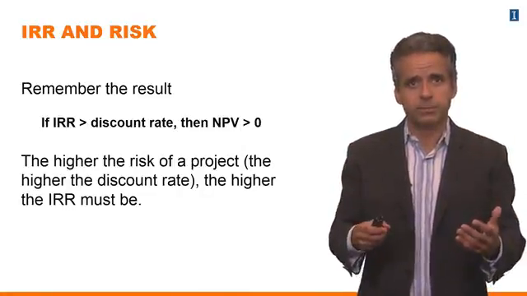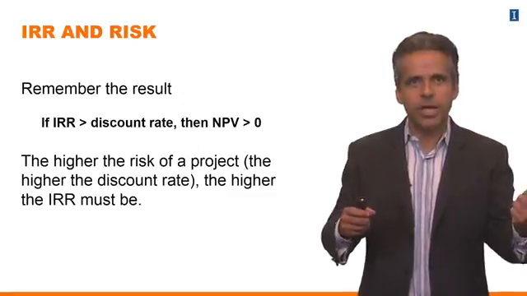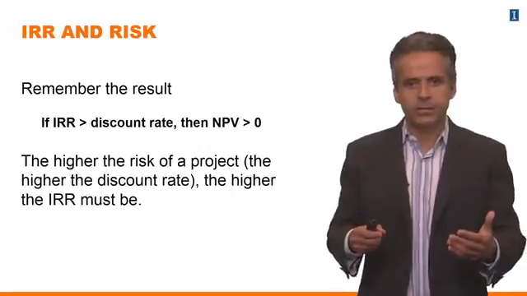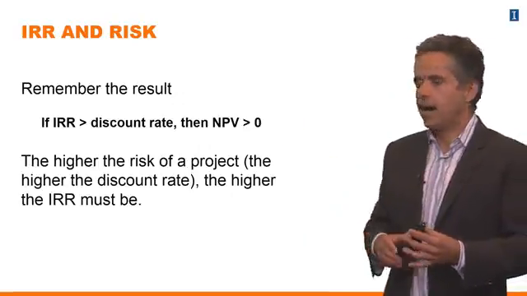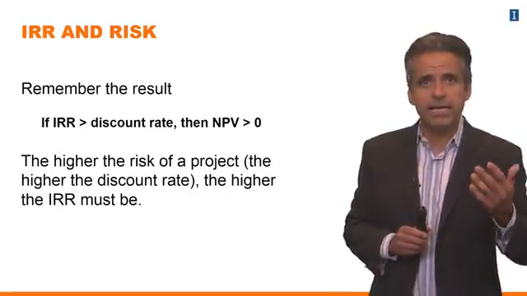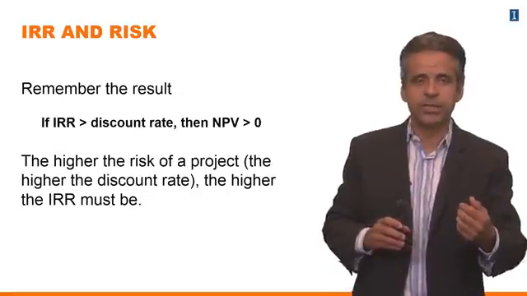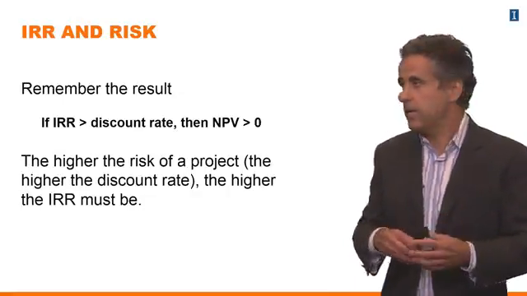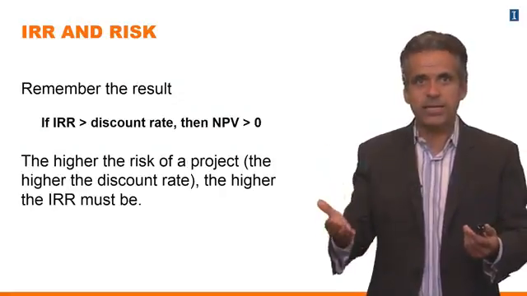So what we're going to talk about now is how do we implement this concept, okay? To understand this better, let's go back to Module 3 and think about the internal rate of return again, right? What we learned in Module 3 is that if the IRR is bigger than the discount rate, then the NPV is positive, okay? So you have to compare the IRR of a project with the discount rate. If you're thinking about risk, right, what we're learning now is that the discount rate captures risk.